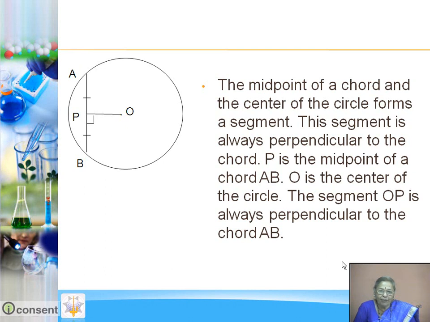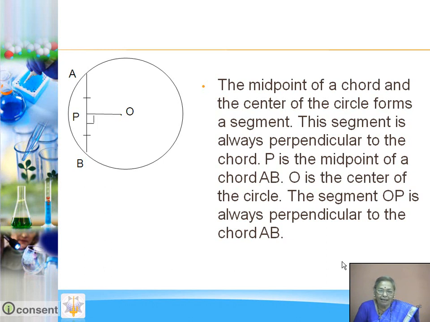The converse of the previous theorem is that if the midpoint of the chord and the center of the circle form a segment, then it is perpendicular to the chord. Now the proof of this can be given in different ways. You have learned the locus. From the locus also you can prove this.